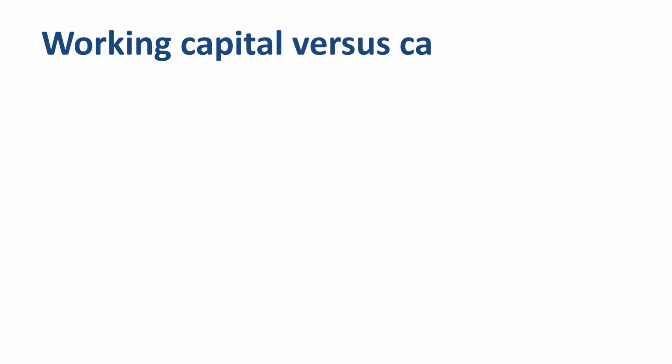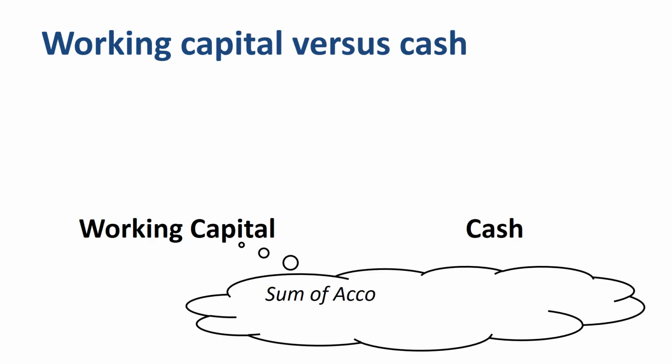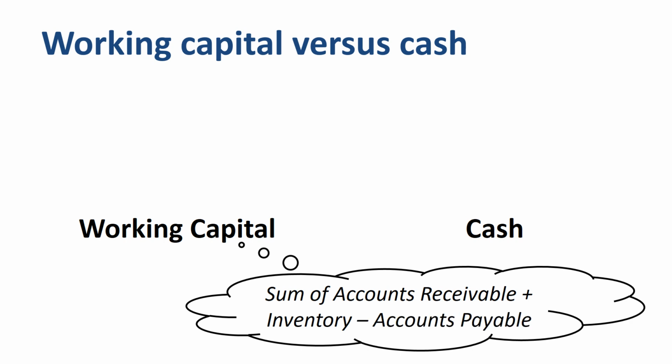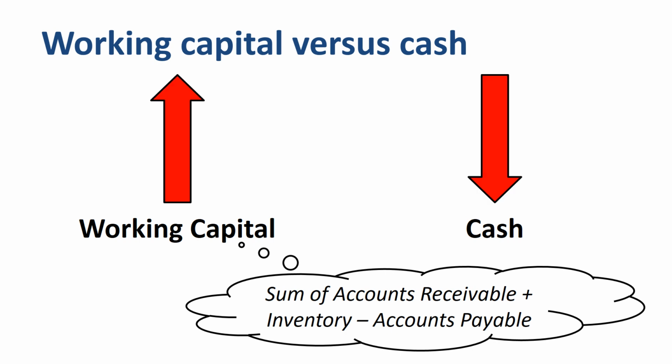Working capital is the sum of accounts receivable, invoices that you send to customers but that have not been paid yet, plus inventory, goods that you hold to sell, minus accounts payable, invoices received from your supplier that you have not paid yet. If working capital goes up, then cash goes down. The opposite would also be true. If working capital goes down, then cash goes up. But this is unlikely to happen in a fast-growing startup company.